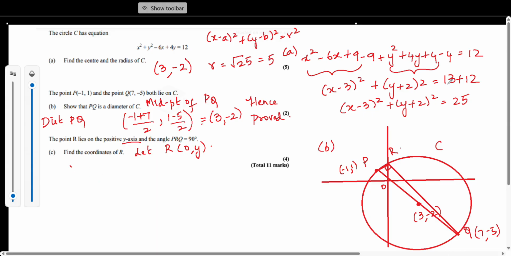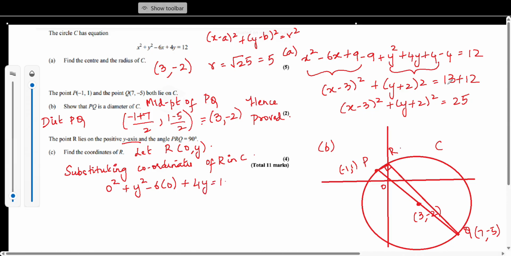Substituting the coordinates of R in the circle, 0 plus y squared minus 0 plus 4y equal to 12. Since it lies on the circle, it should be satisfied.